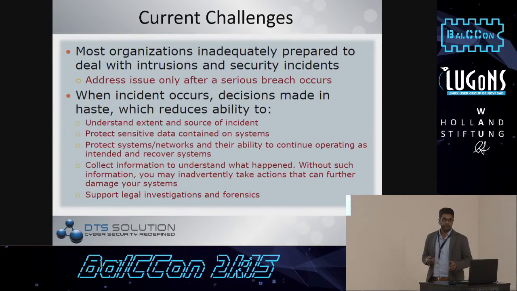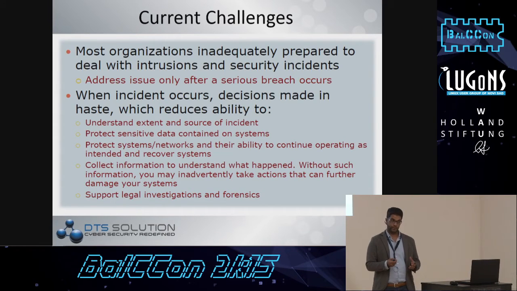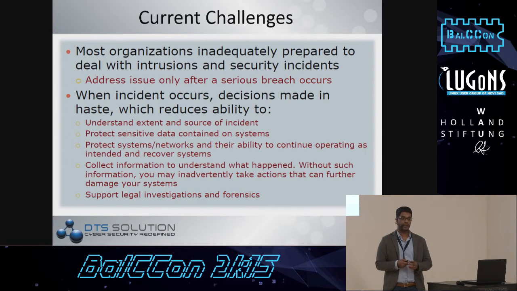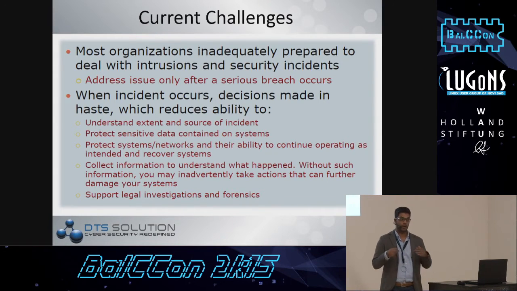Most of the organizations are inadequately prepared for a security breach, right? This is a fact. So when there is a breach, nobody knows what to do. So if you remember back in 2012, there was a Shamoon malware, and that hit Saudi Aramco, which infected 40,000 machines in Saudi Aramco. I was literally physically there, right?